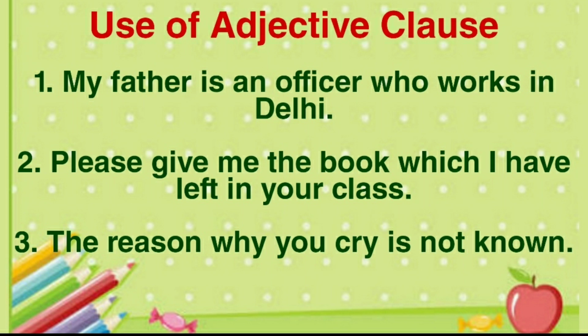Again, this is an adjective clause or relative clause. And finally, you see, the reason why you cry is not known. It is used in the middle. Why you cry is an adjective clause because it says something about the reason. Why you cry is an adjective clause or relative clause here.